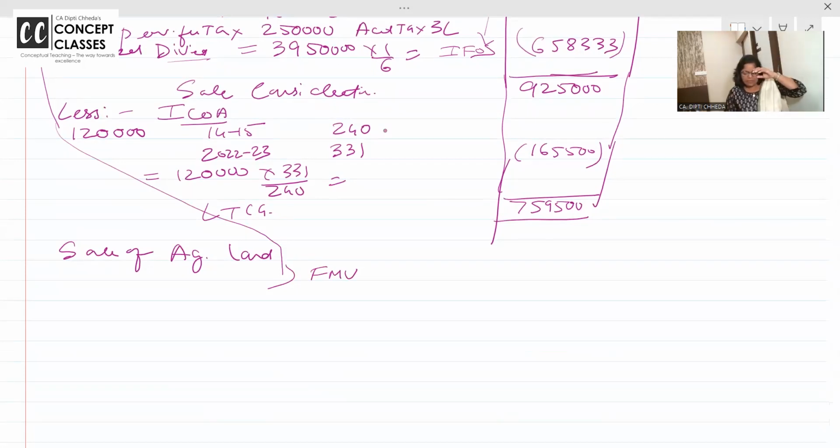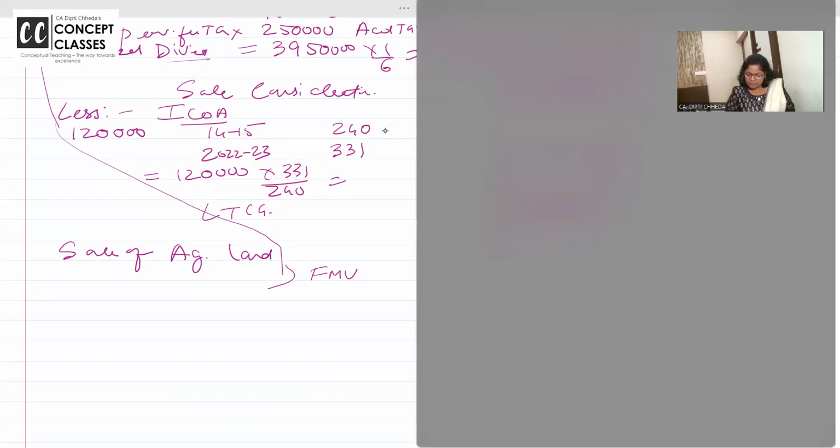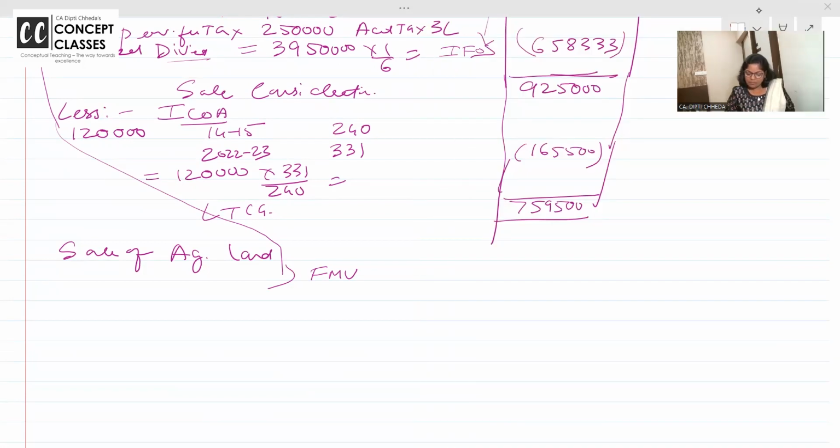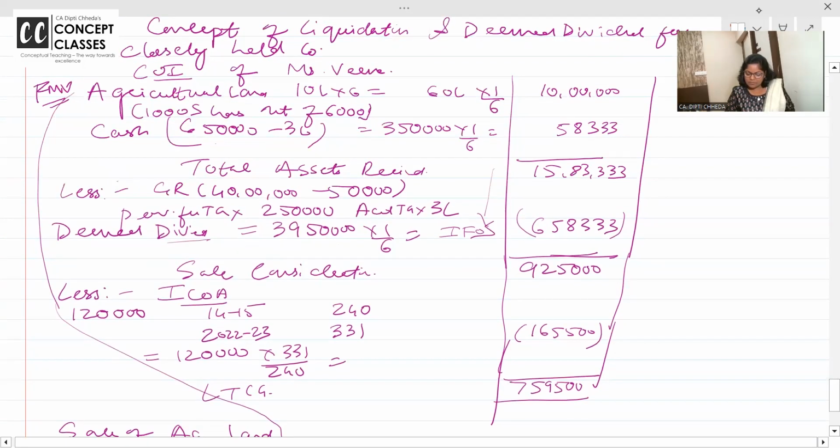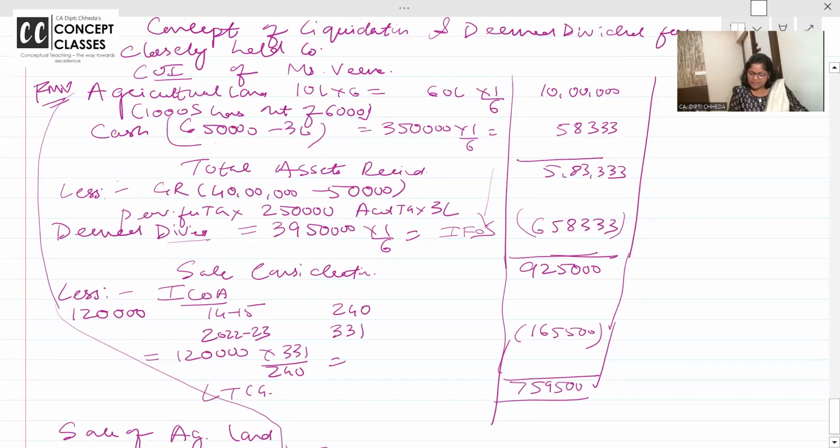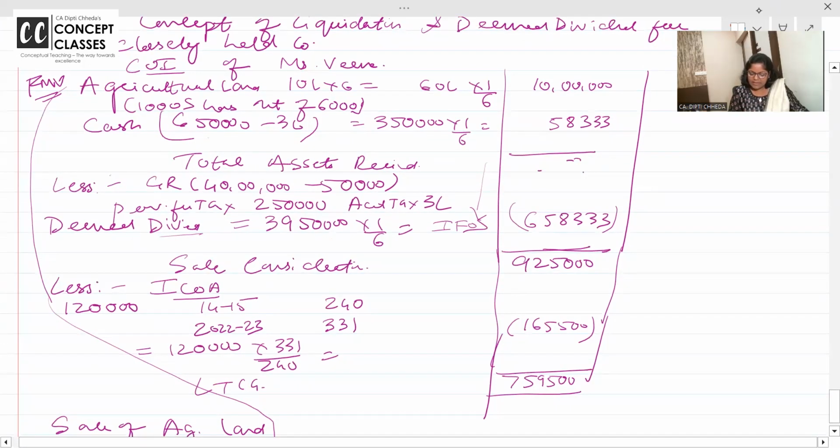Are you getting it? Yeah, there's a calculation mistake. You're right. This is 658,333. Change it.